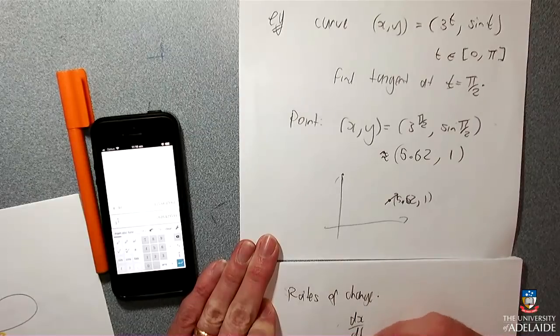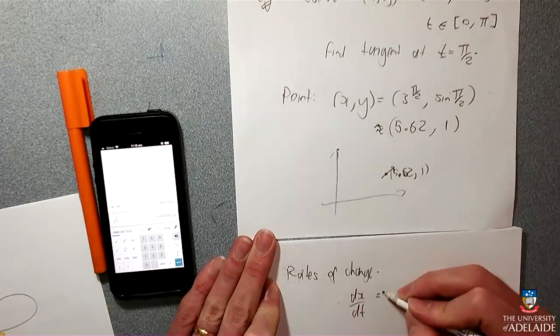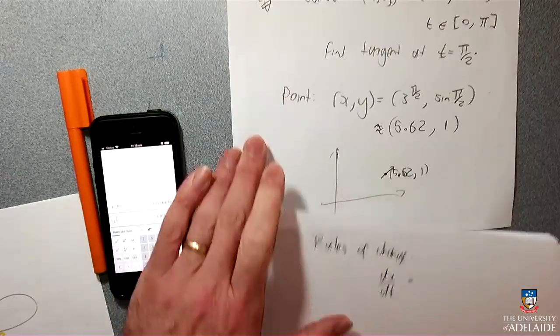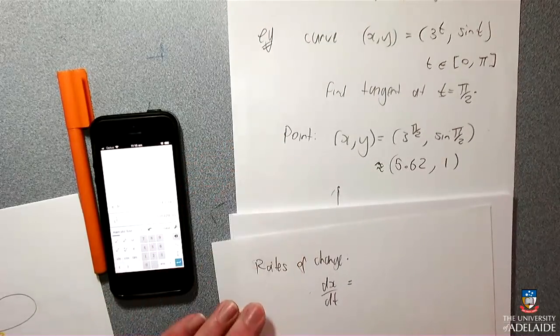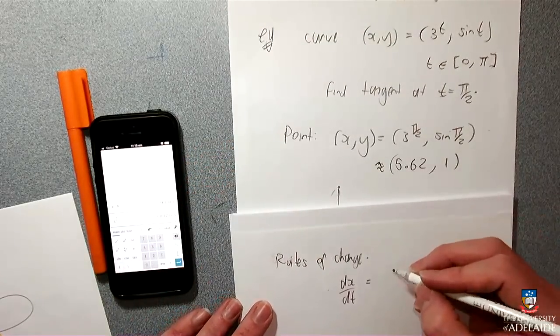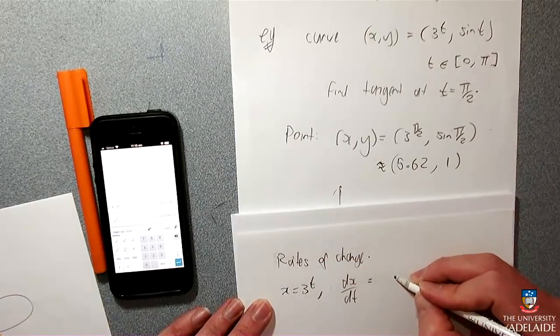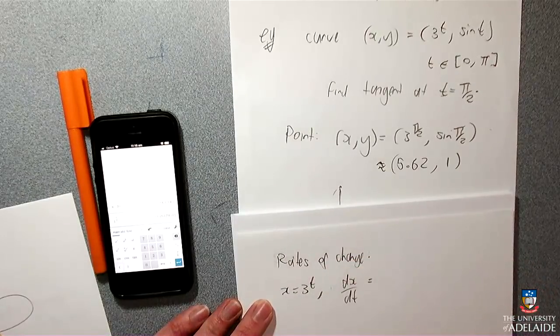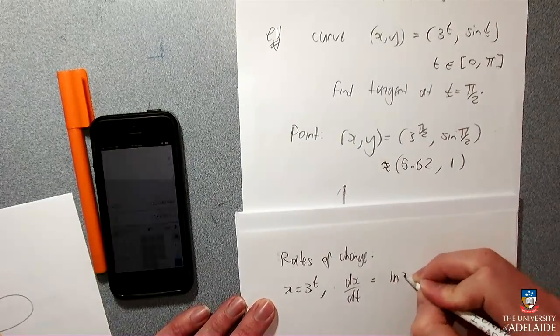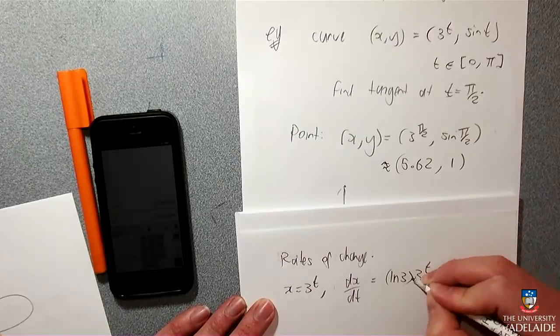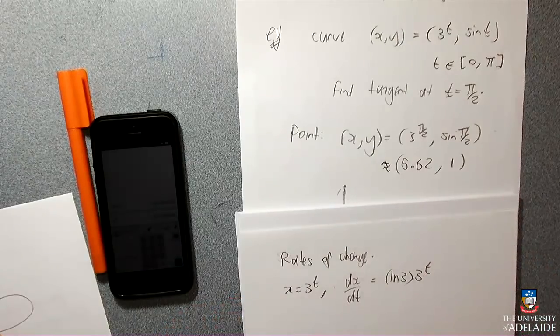dx on dt, well, x was 3 to the power of t. And so dx on dt, now how do you differentiate 3 to the power of t? That would be ln 3 times 3 to the power of t. So when you differentiate e to the t, nothing happens. When you differentiate something that's a different number to the power of t, you have to multiply by ln of that number.